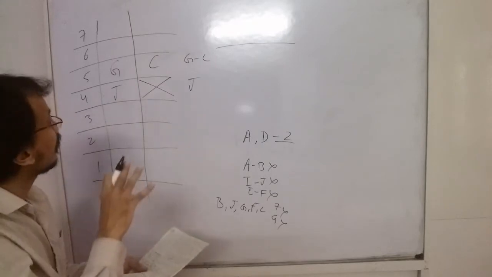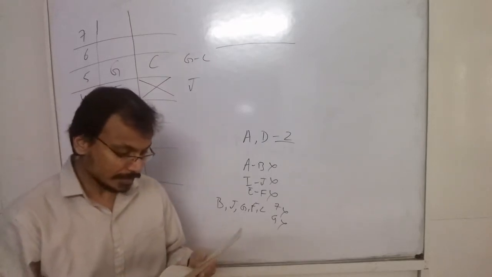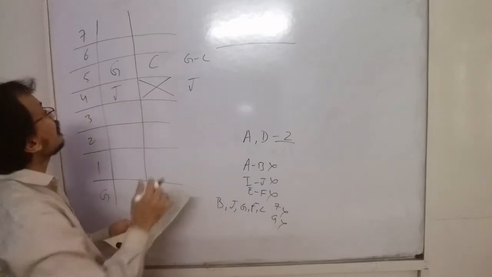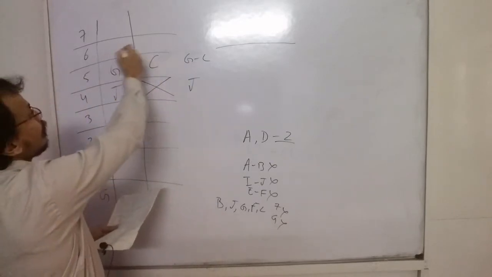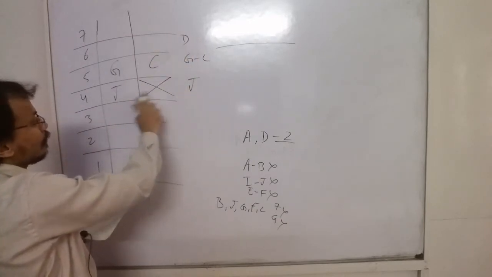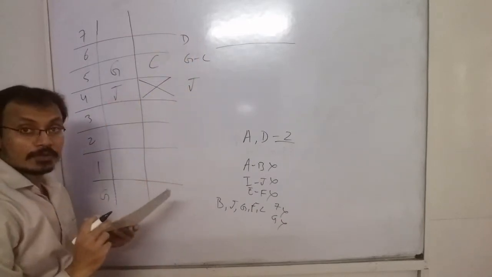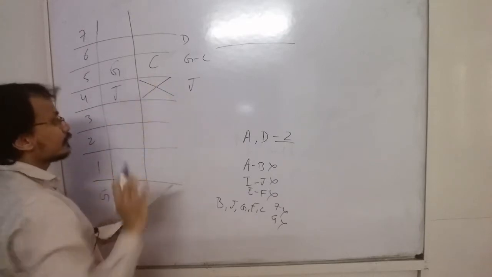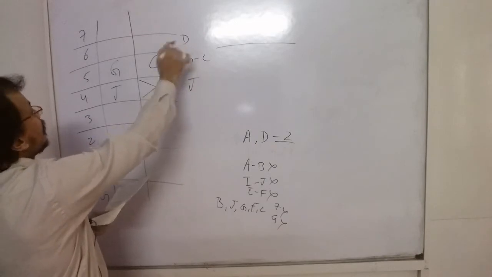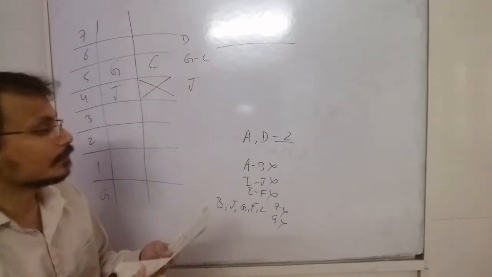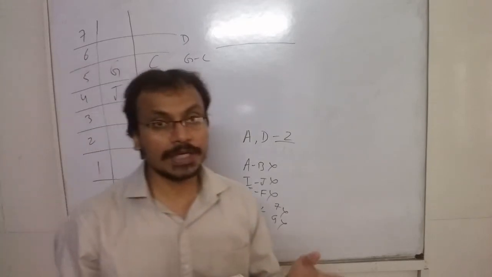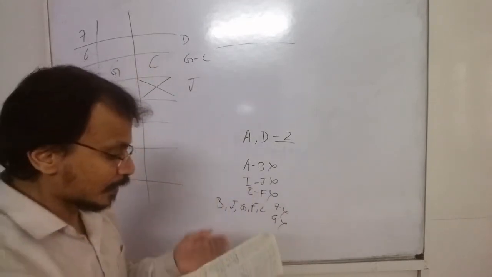Then adjacent to D means D will be either here or here, but D cannot be here because J already occupies it and this flat is vacant. So D will be on the 6th floor. I am sure about that, but I am not sure whether he will be on the left hand side or the right hand side. So just wait for that.